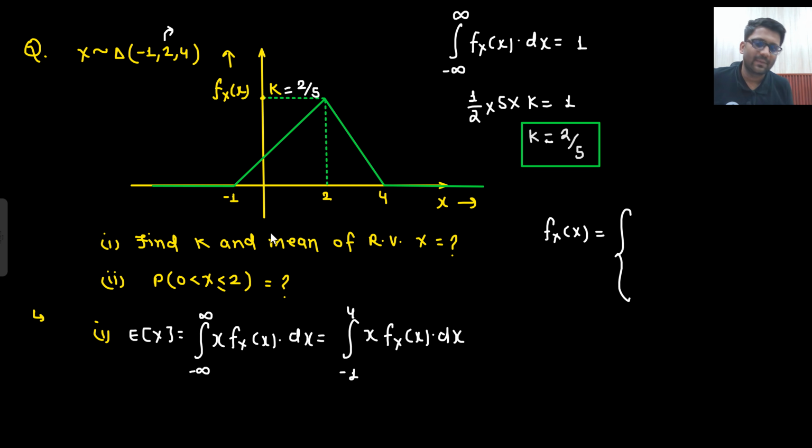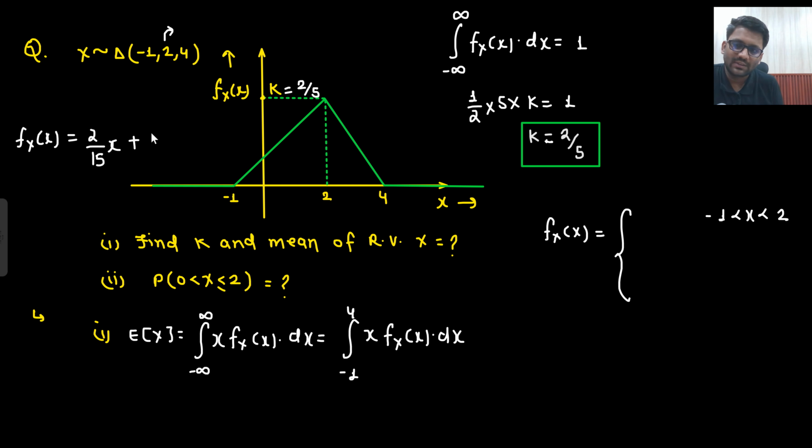What you can see is that if your x is between -1 to 2, there is some different equation. What will be the equation of this line? Can you write it down? Surely you can. The equation of this line will be y equals mx plus c. What is the slope? 2 by 5 divided by 3, so the slope will be 2 by 15. And c: at x equals -1, you are getting the value 0, so this would be plus 2 by 15.